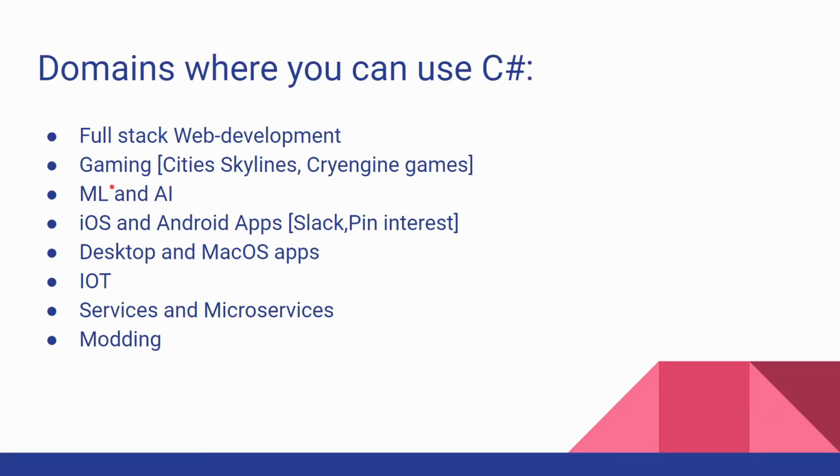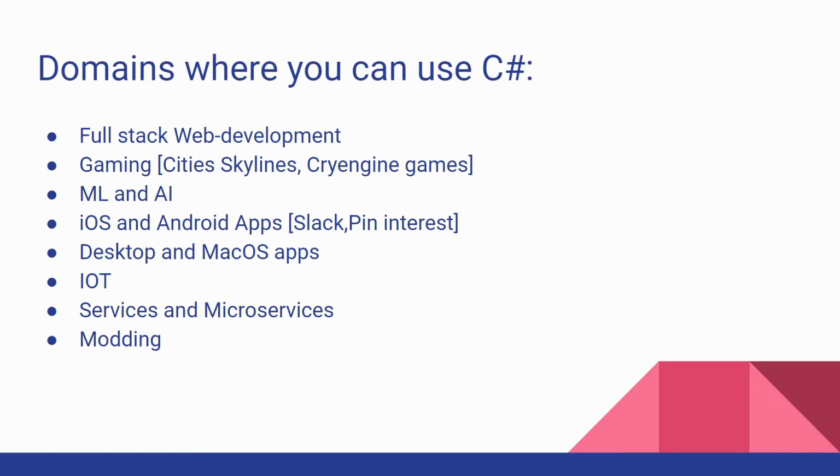Gaming has one of the biggest reaches in C sharp, because of engines like Unity, where City Skylines is developed, and CryEngine games such as Far Cry 1 and 2, Crysis 2, Crysis 3. These games are made in these engines which use C sharp.